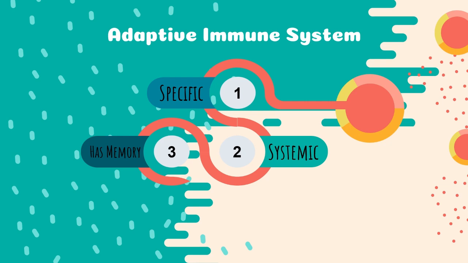And for memory, that our immune system will recognize this pathogen or foreign substance later when we are re-exposed to this same foreign substance again, and it will then mount a stronger immune response against this pathogen.